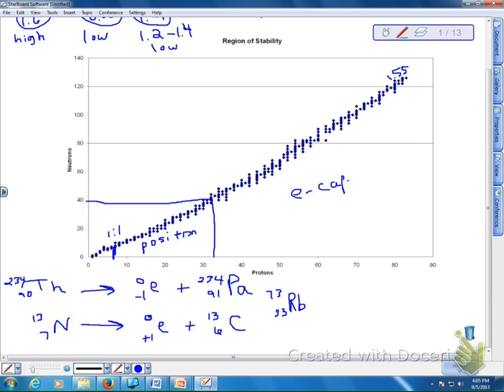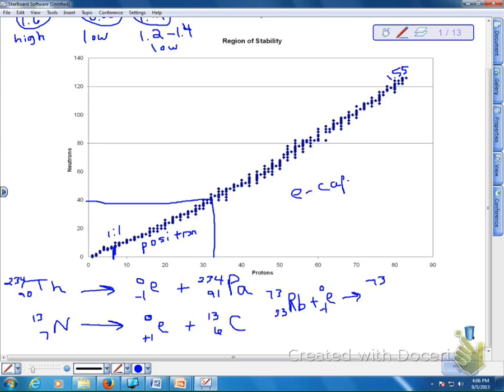Finally, we have rubidium-73, and we decided it's going to undergo electron capture because it has a bit of a heavier nucleus, more positive charge. So let's add that electron to this side of the equation. It doesn't have to be pretty, thank goodness. All right, let's conserve mass: 73 plus 0 equals 73.